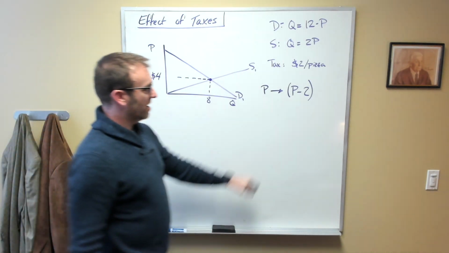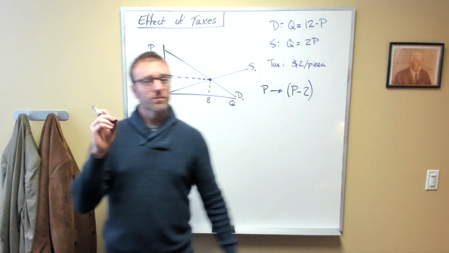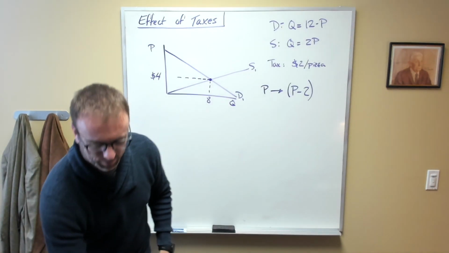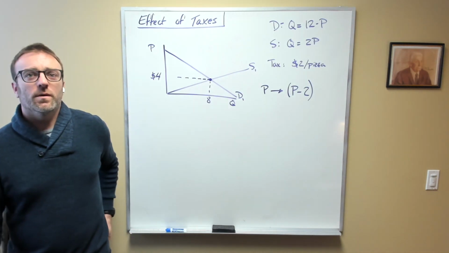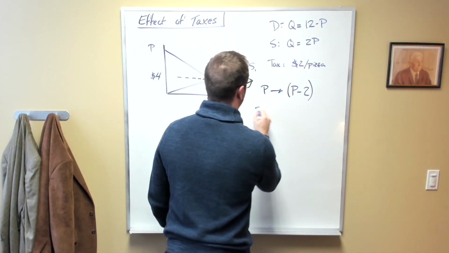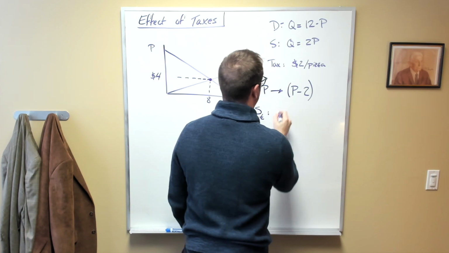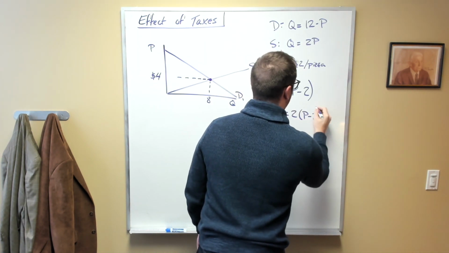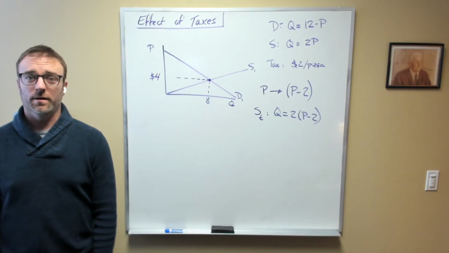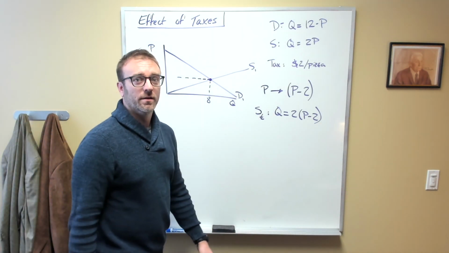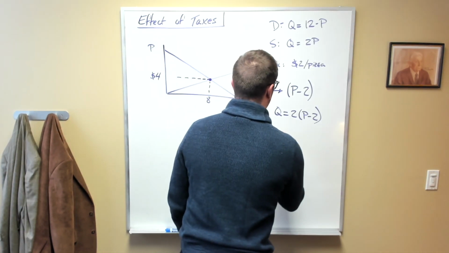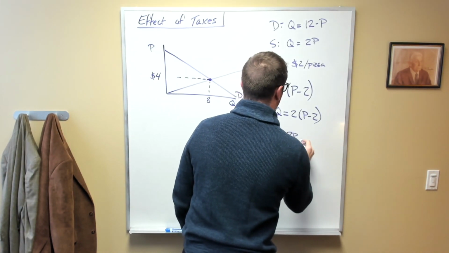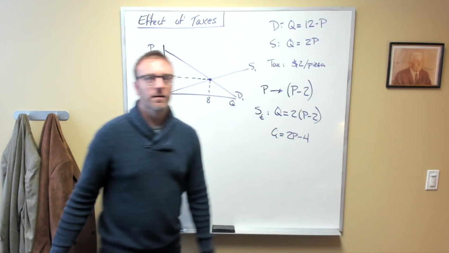Now note again the parentheses here. Those are very, very important. Okay? So our supply function becomes supply with the tax, Q, is equal to 2 times the quantity P minus 2, which we can simplify and just get Q is equal to 2P minus 4.